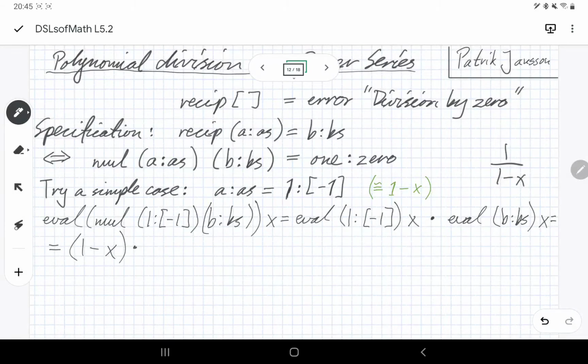I will give it a name, q, where q equals the sum from i equals 0 to infinity of b_i x to the power of i, where b0 is this b and b1 and upwards are in the bs list.